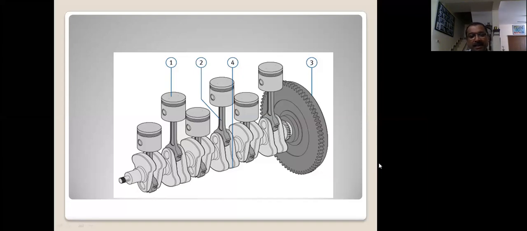There is another type of engine we call a V-type engine. Let us say we need 18 cylinders in an engine. If we go for the vertical arrangement, the length of the engine will be prohibitively long, a very long engine.